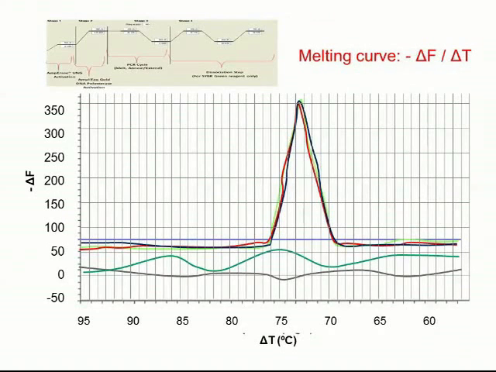During the run, fluorescence changes at each temperature, and it's plotted in this graph. As seen here, it is very easy to judge that the red and green lines of sample amplification have the same melting profile that the blue positive control line has.